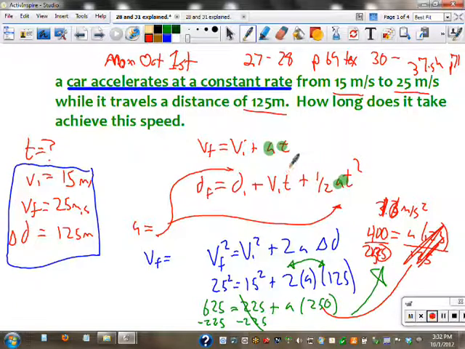Which one looks easier? D final equals D initial plus velocity initial time plus 1/2 AT squared, or, well, let's just call it the easier one. So let's plug in our numbers. We have 25 equals 15 plus 1.6 times time.